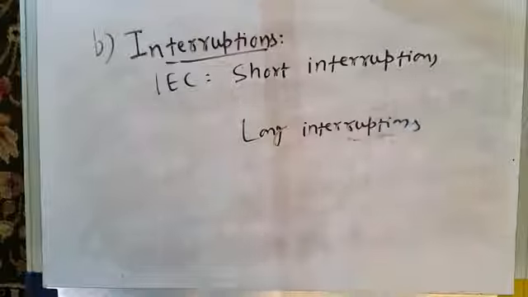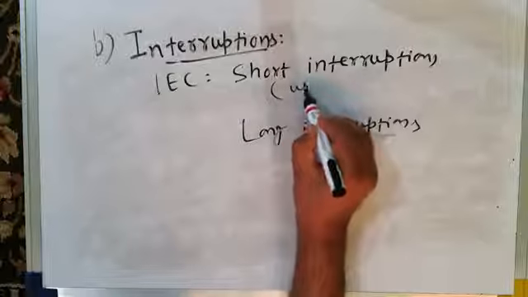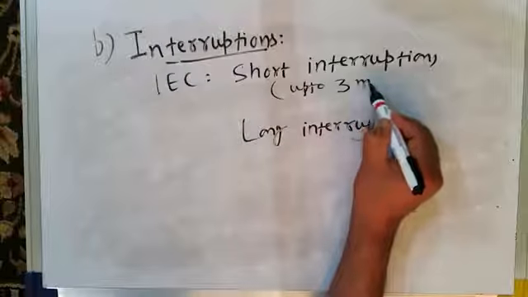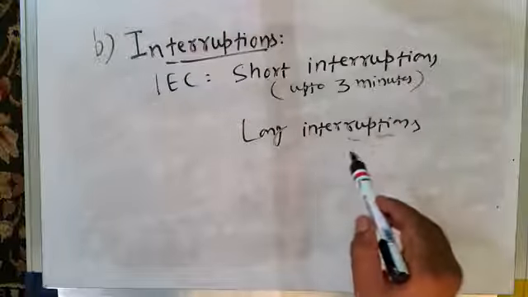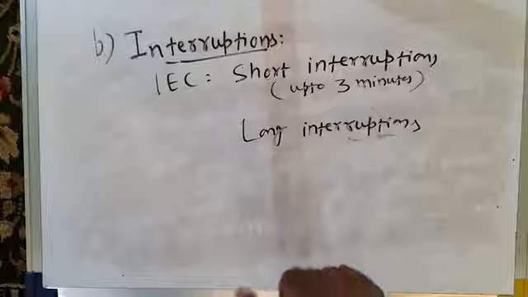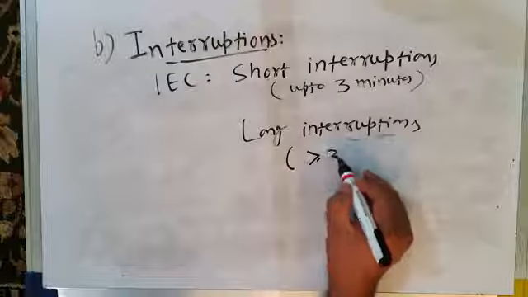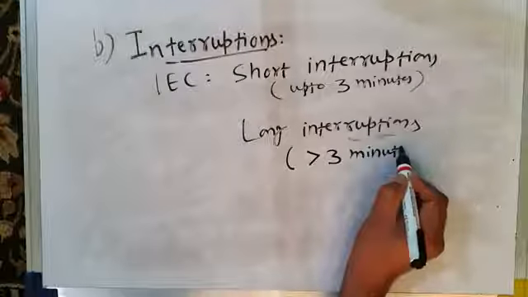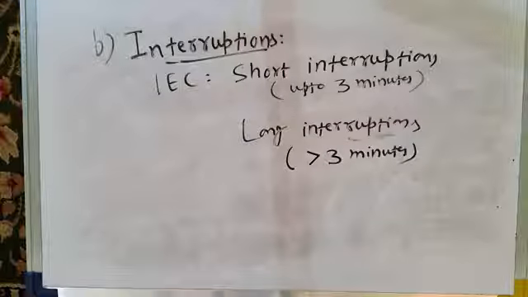An interruption is said to be a short interruption if it lasts up to 3 minutes, maximum 3 minutes. It may be a few seconds or maximum up to 3 minutes. And a long interruption is an interruption whose duration is greater than 3 minutes. If the duration of interruption is greater than 3 minutes, it's classified as a long interruption. And if the interruption is up to 3 minutes or less, it is classified as a short interruption by IEC.